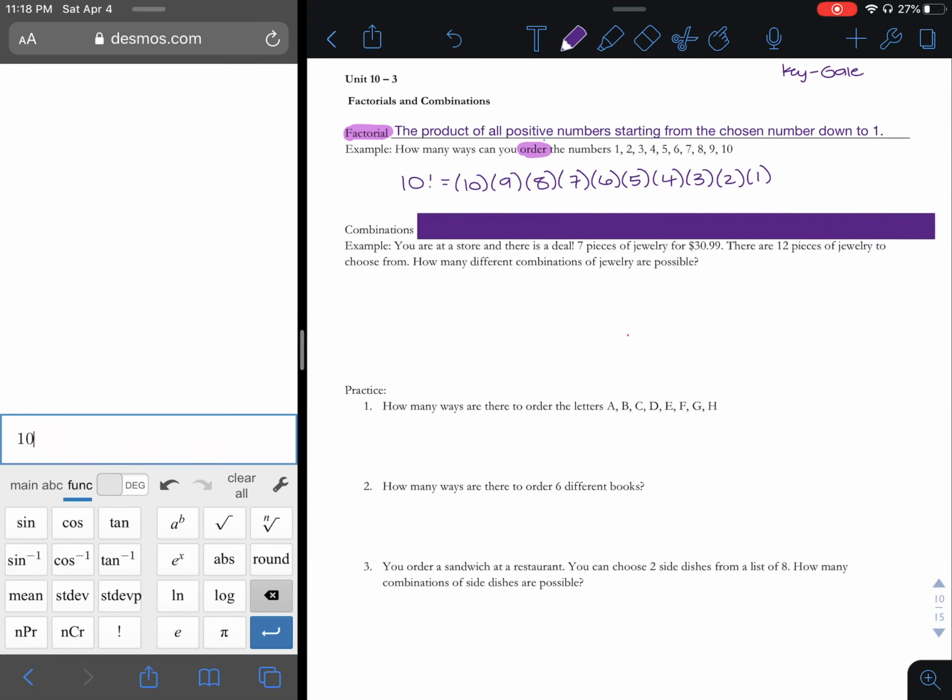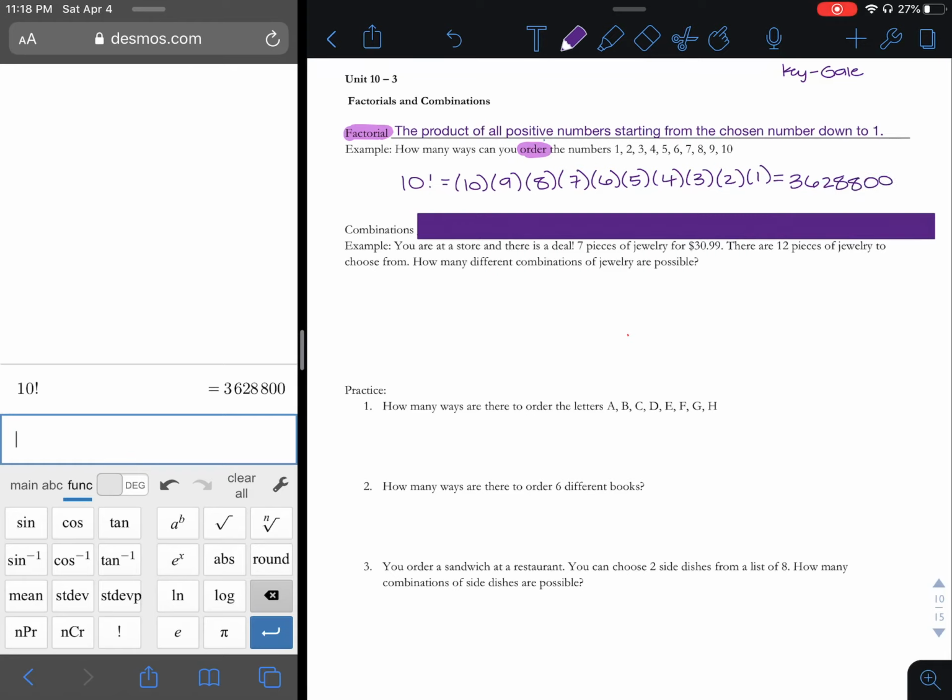Then I'm going to look around and see, do I see my factorial sign? In this case, I do. It's on the last row, that little exclamation point. And it tells me my answer. My answer is 3,628,800.